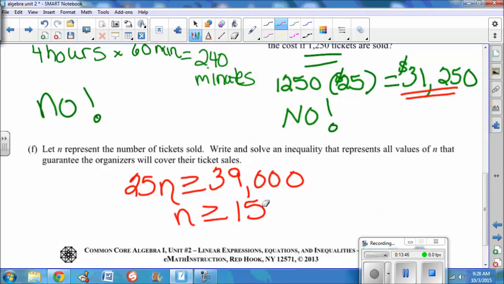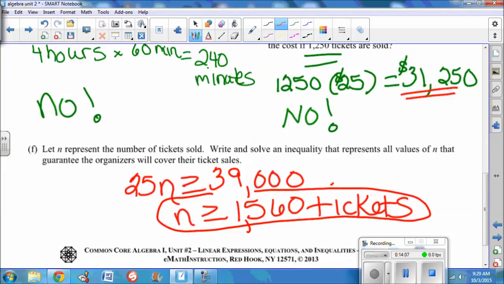We need to sell 1,560 tickets or more in order to cover that cost. So if that's the exact amount of tickets, we're going to make that amount of money, that $39,000. So obviously it would be best case if we could sell more than that. All right, nice job, guys.